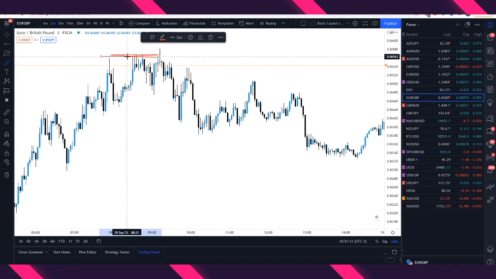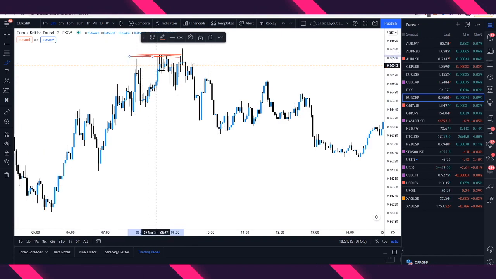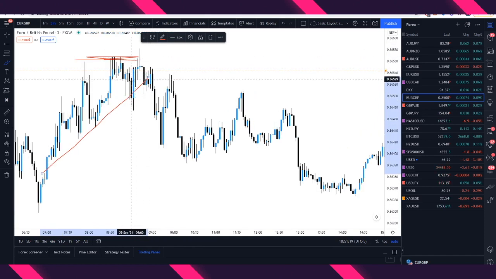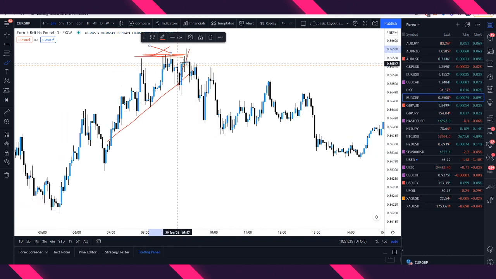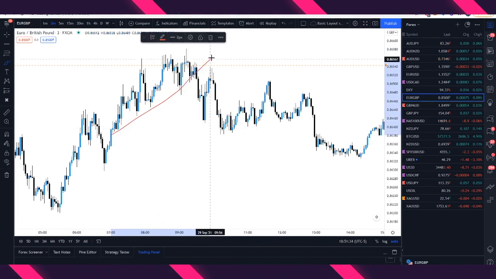No obvious wicks. Still trending up. All of a sudden, price reaches up above all of those equal highs. And then what happens? Breaks down and takes all of this. Okay? Right there you have your momentum shift.